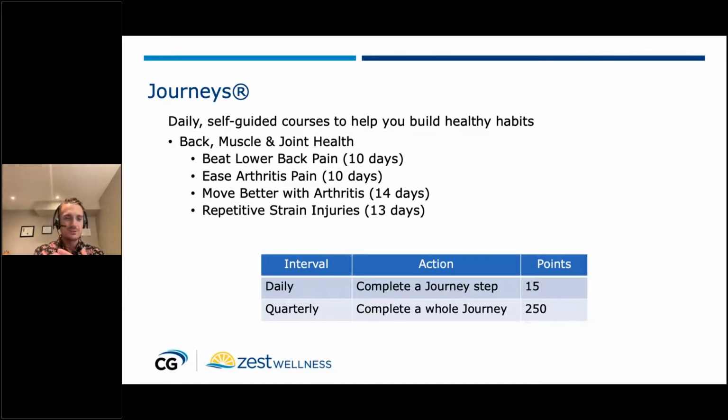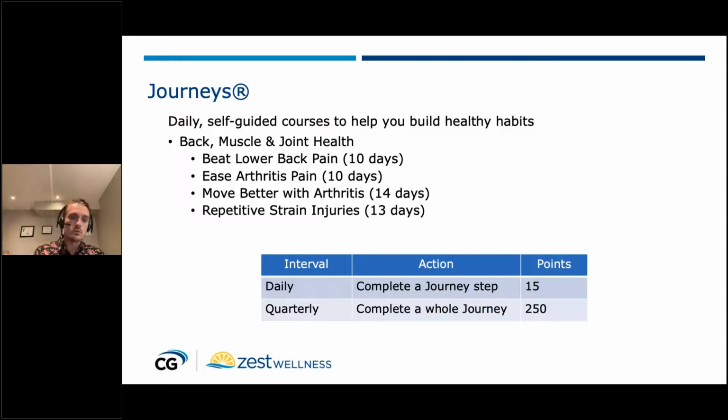And of course, what's amazing too is that when someone completes the journeys within the platform, they get points. When you complete a journey step each day, 15 points. When you finish a whole journey, and you can see the durations up there, 10 days, 10 days, 14 days, 13 days, you get an additional 250 points.